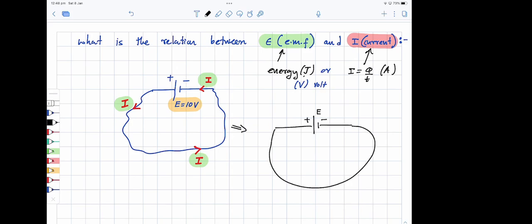This is energy, right? So I'm going to refer to current as a cart. I'm going to refer to current as an empty cart, right? Now the empty cart starts from the battery.